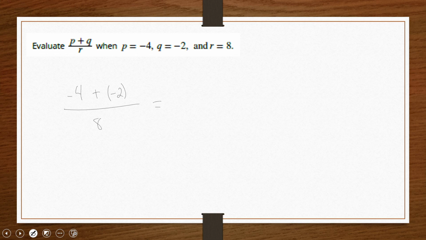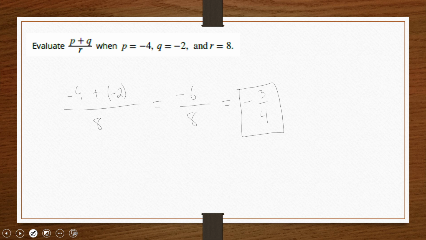So focusing just on the numeric values in the numerator, I get negative 4 plus negative 2 is negative 6 divided by 8. Our common factor between 6 and 8 is 2, so if I divide each by 2, I get, for my result, negative 3/4 for the solution.